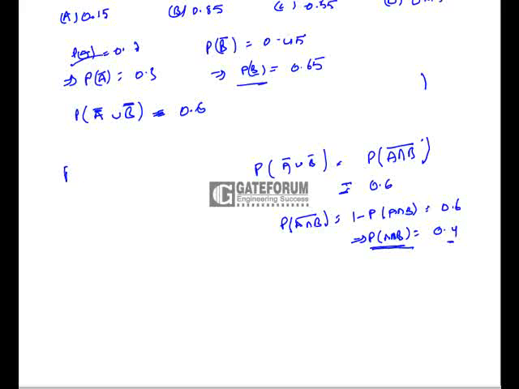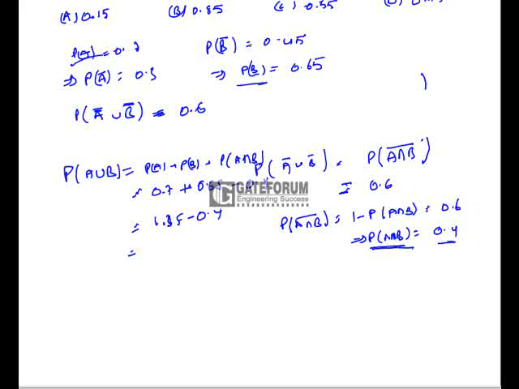That means he is asking us to find P of A union B. P of A union B is P of A plus P of B minus P of A intersection B. So P of A is given as 0.7 plus P of B, which we got as 0.65, minus P of A intersection B, 0.4.